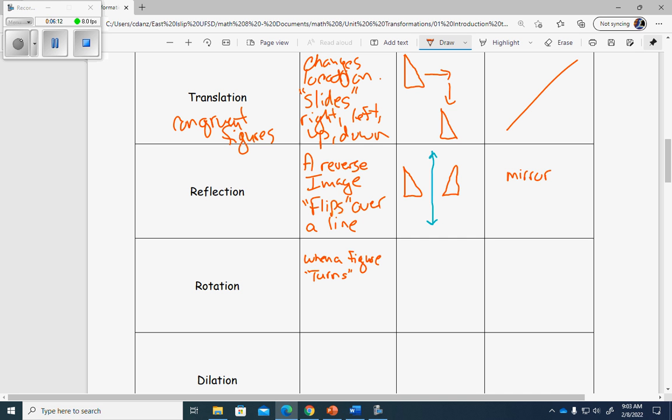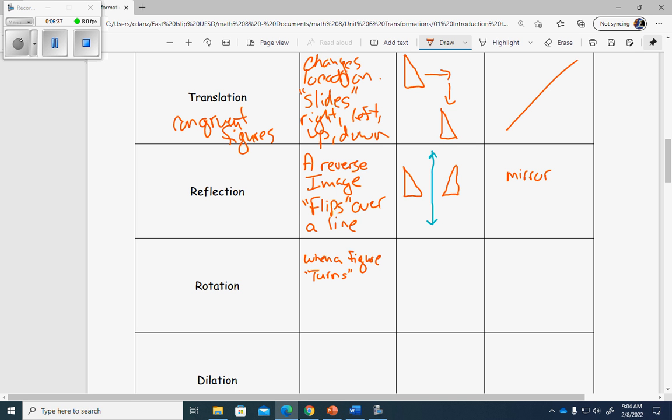You really can turn a figure any number of degrees. You'll see when we get to rotations in this workbook, we're going to be dealing with just 90 degrees, 180 degrees, 270 degrees, and 360. 360 degrees, the figure just turns right back on top of itself. But really, it is a turn.